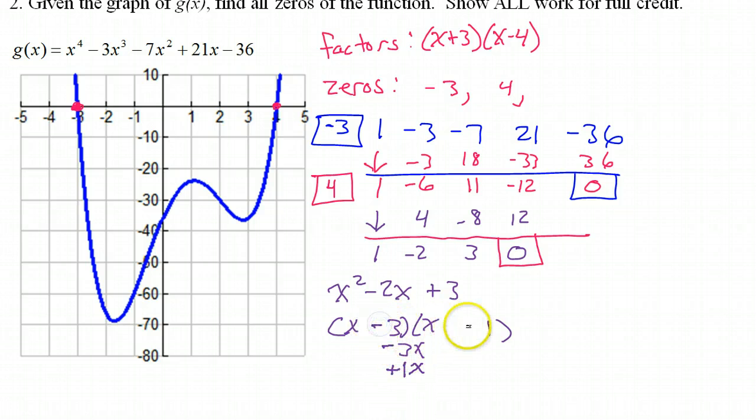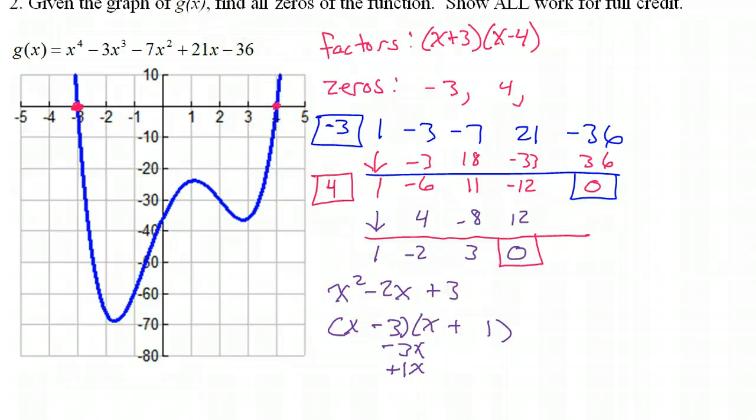So that would be my negative 3, that would be my positive 1. So why is this a fail? Because I won't get positive 3. Negative 3 times positive 1 would be negative 3. So as close as it is, I am getting the middle. This still is a fail because I don't get the positive 3. So that was my only shot.